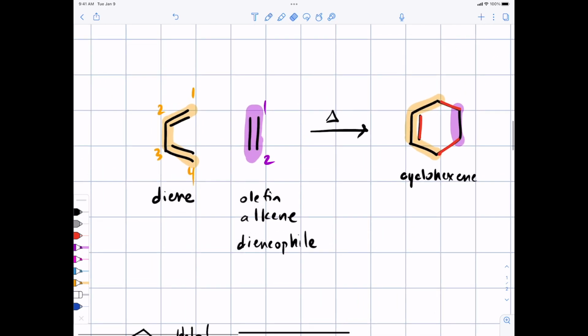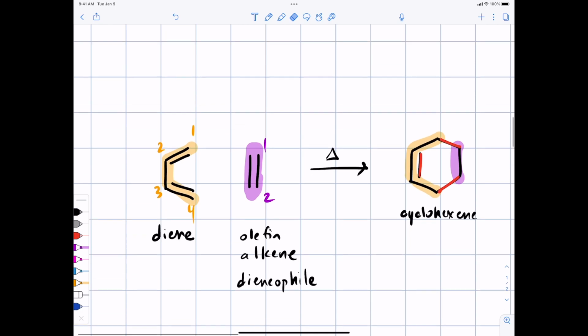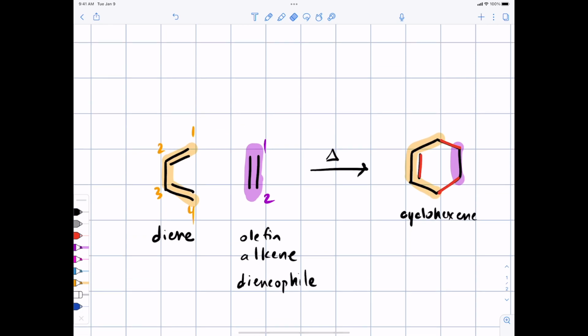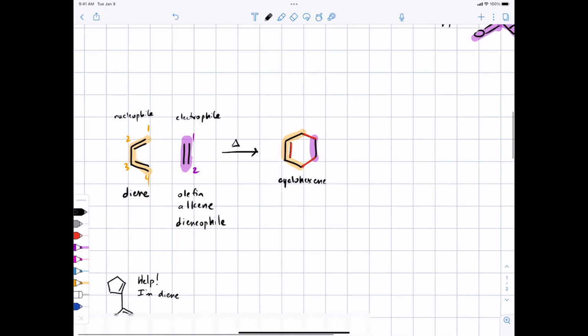For our purposes, we're going to pretend like the diene is the nucleophile and the olefin or the dienophile is the electrophile. You don't have to think of it that way, but let's at least start there.